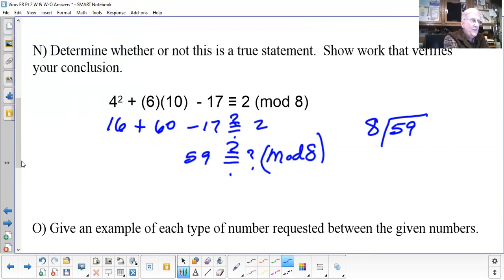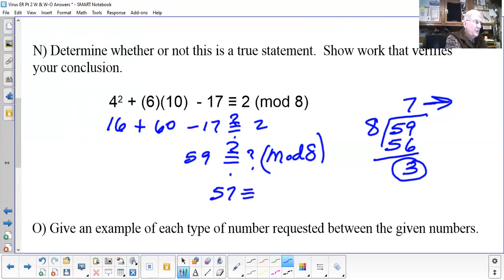If you do this on a calculator, you'll find this goes 7 with a decimal left over. If you do 7 times 8, you'll get 56. The remainder I got was 3. So 59 is equivalent to 3 mod 8, not 2 mod 8.